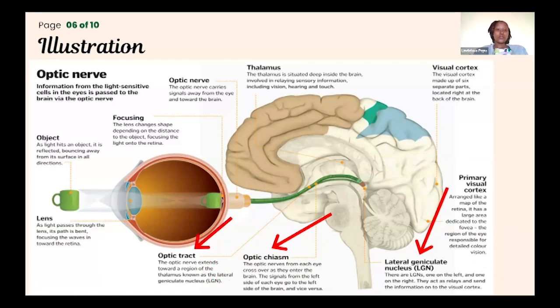And then when we move further, we move to the optic tract, which is also a nerve that extends to the close understanding of how the image will come to life towards the eye. And then we have the optic nerve, which is the wall.